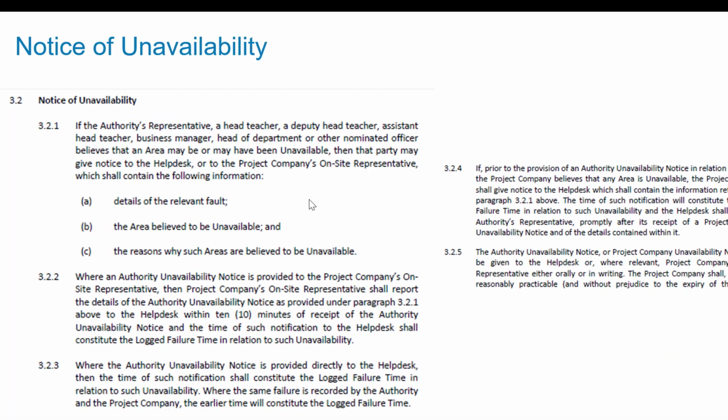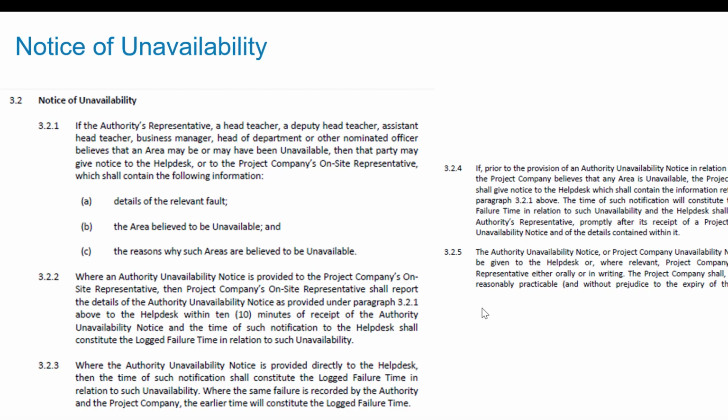And then you might have a notice that this project is unavailable. And how does this notice work? Well, in this case, it was a school, and the head teacher had to give you a notice, and then the contract defines exactly how this notice works. I thought it was fascinating to read this.